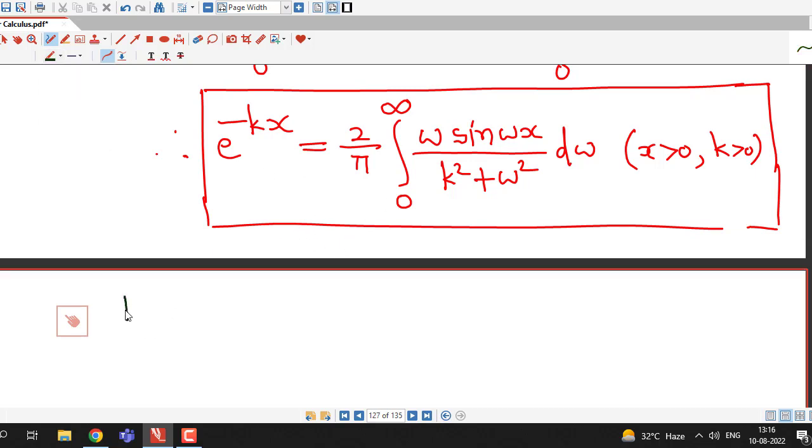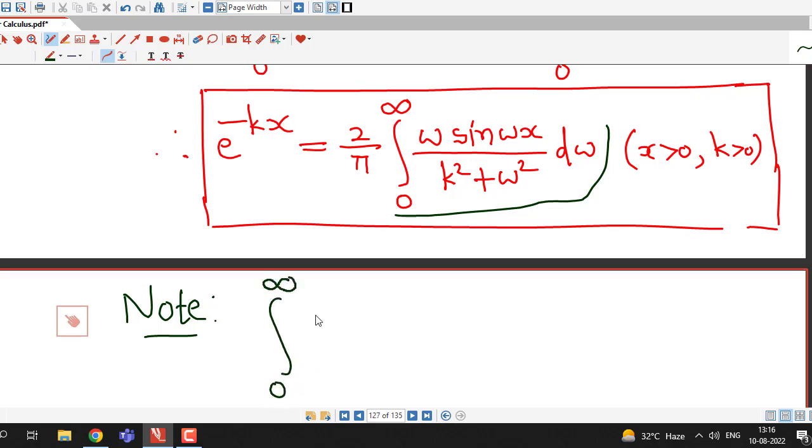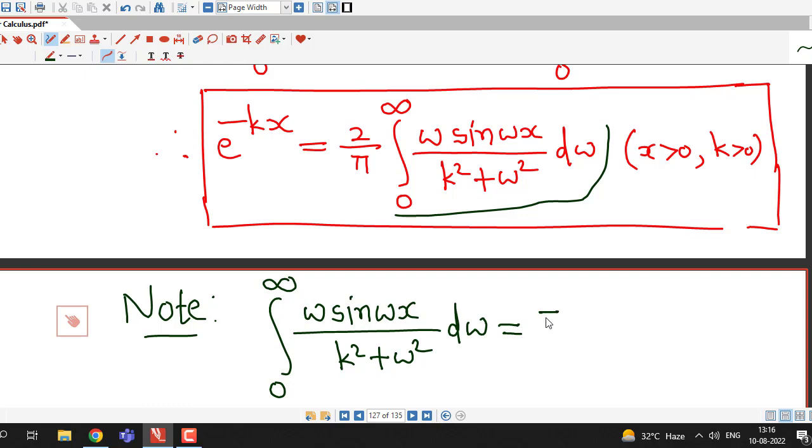If you observe, consider this as a remark, from this equation I can obtain the value of this improper integral: the integral from 0 to infinity of omega sine(omega x) divided by k square plus omega square d omega is equal to pi by 2 times e raised to minus kx.